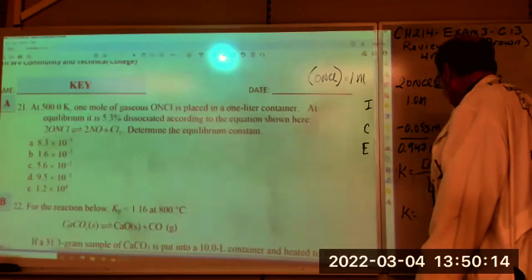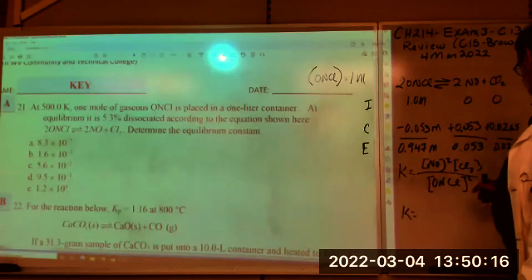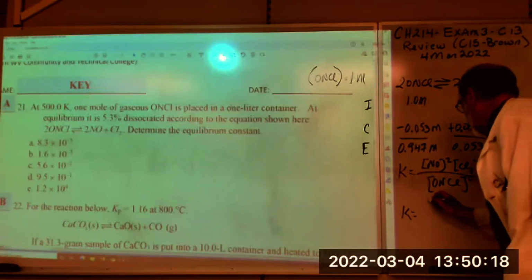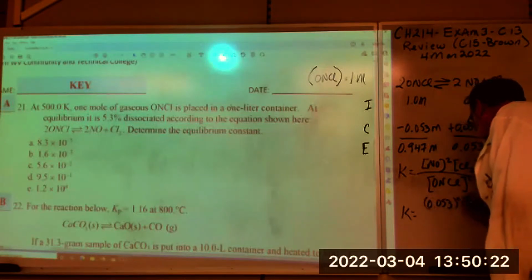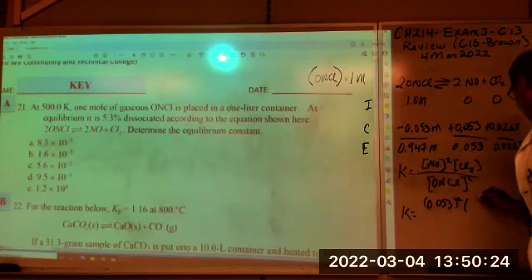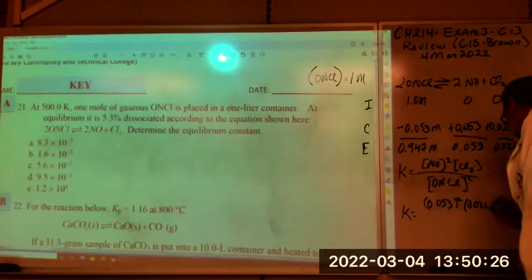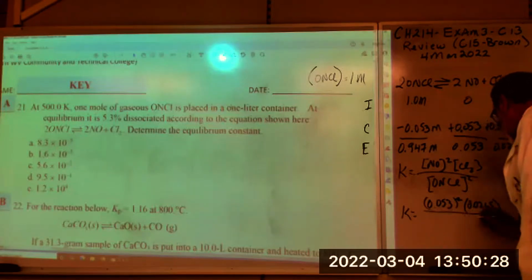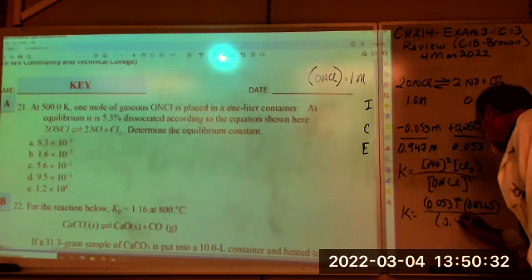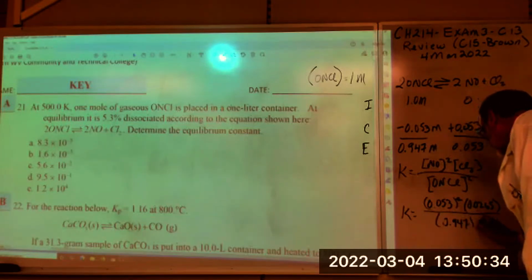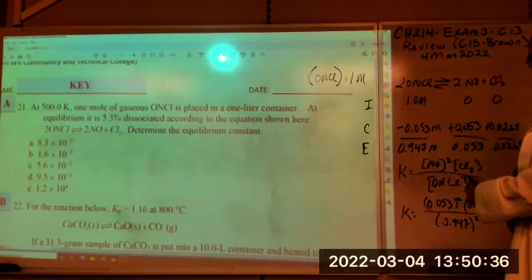So we just have to plug in the values, right? NO, 0.053 squared and 0.0265, and then 0.947 squared.